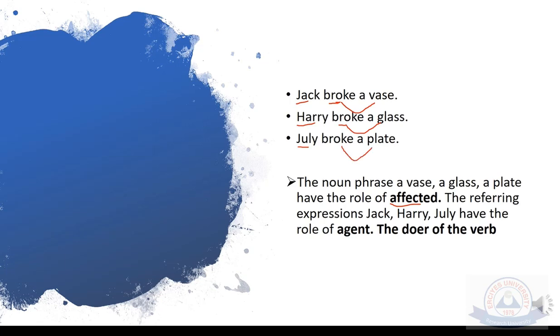And the referring expressions Jack, Harry and Julie, which are the subjects of the sentences, have the role of agent, I mean the doer of the verb. I added this part to the presentation. So the doer of the verb is the agent.